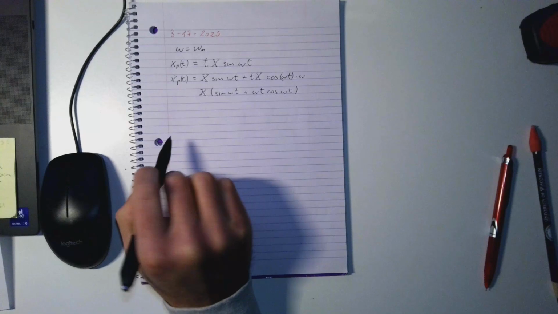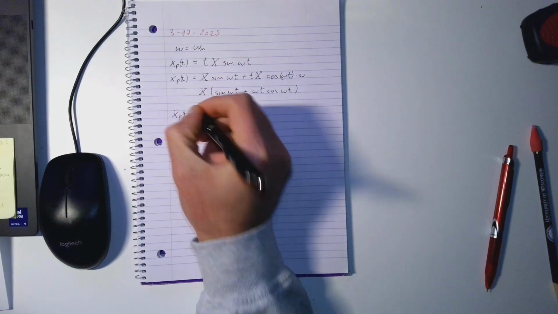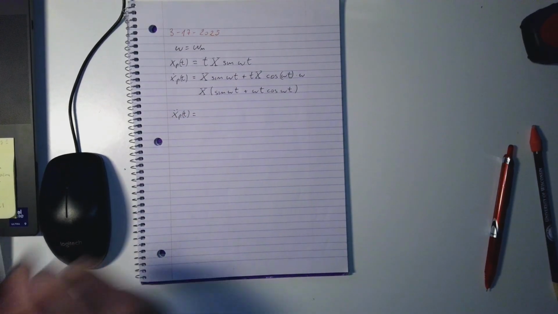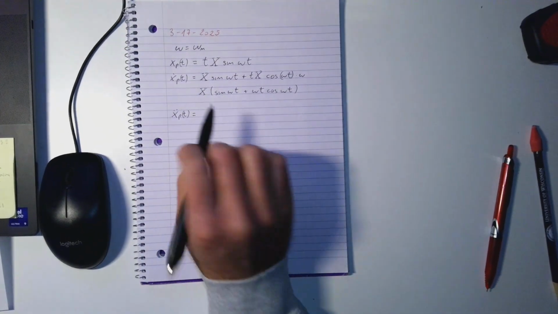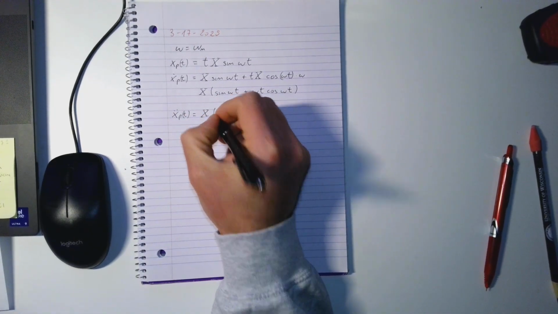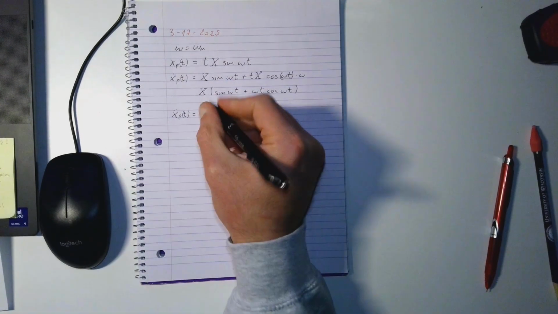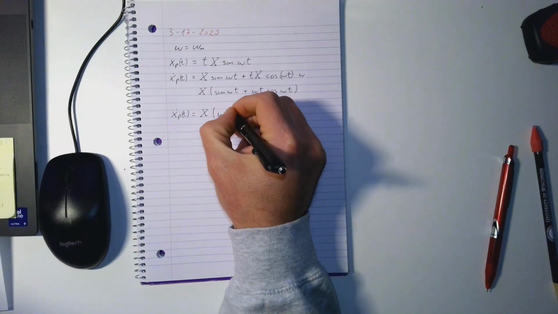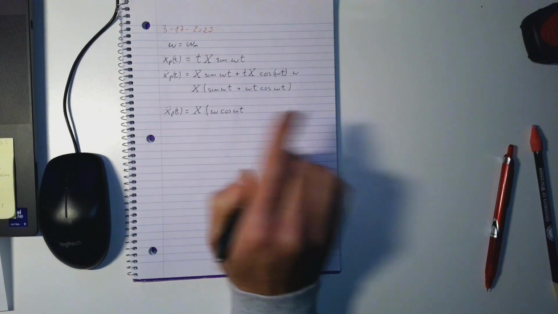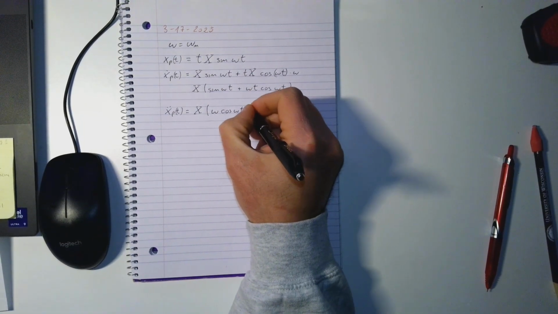Now we have to find the second derivative. For the second derivative we can consider this as a constant, so this remains outside, and then we have the derivative of this quantity here, which is omega cosine of omega t, and then the derivative of this function here.